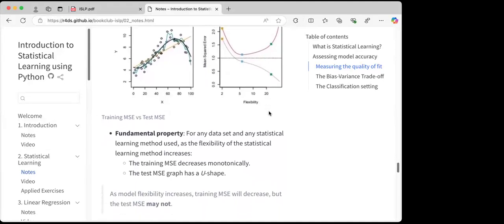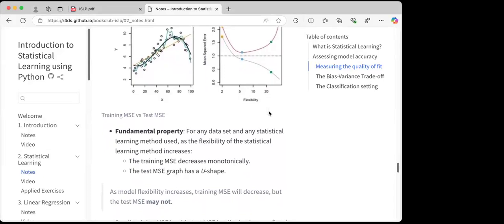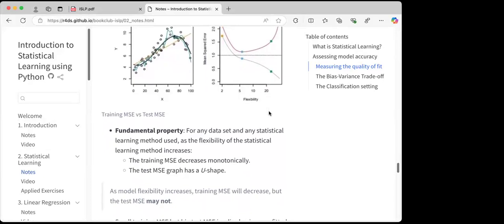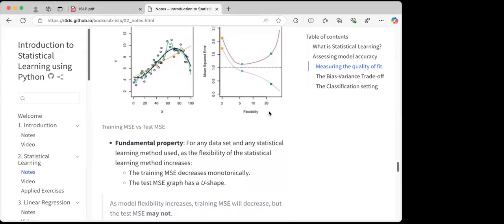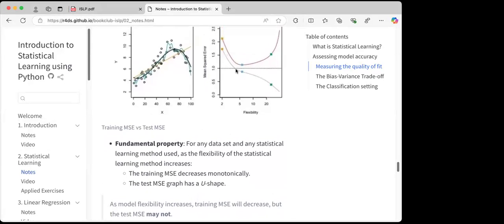So the fundamental property for any data set and any statistical learning method used: as the flexibility of the statistical learning method increases, the training MSE decreases monotonically. This is a general rule. There is no statistical learning method that is an exception.